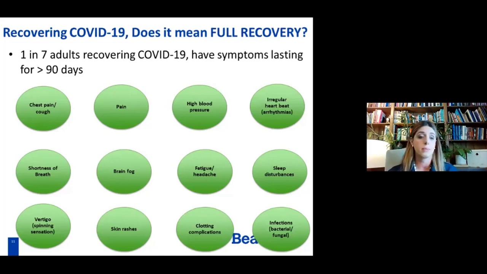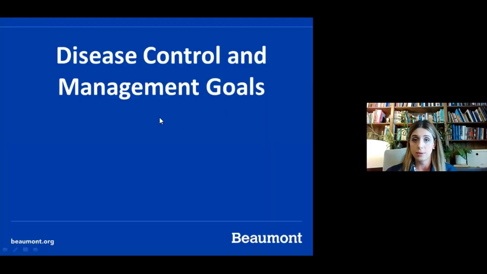Also sleep disturbances, chest pains, as well as cough and shortness of breath because of the scarring that is left behind, as well as skin rashes, clotting complications, which we've been observing, brain fog, and also infections, both bacterial as well as fungal and opportunistic infections due to the treatment regimens, and also the overall imbalance of the inflammatory state that the patient ends up with. And probably we're going to see more. This is what we have seen up to this point, and we'll learn more as we track patients and see if we can correlate it directly to the disease.